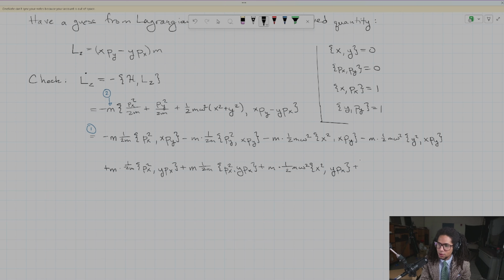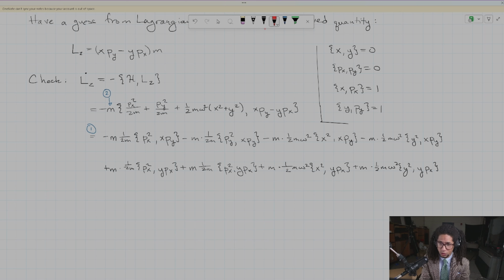Okay, and then plus finally m times half m omega squared, y squared, bracket ypx. Now the thing that's really going to simplify our lives here is that a ton of these are 0. They're 0 anytime none of the objects inside of the bracket have non-zero bracket with each other.